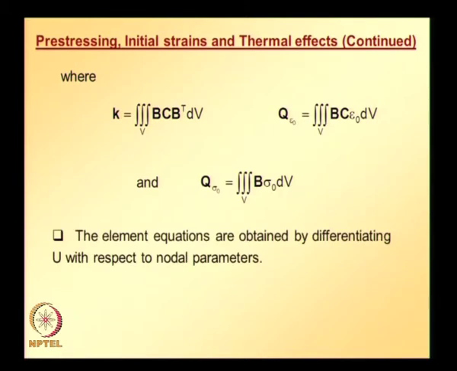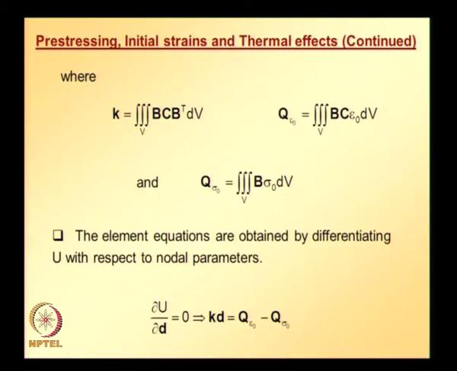So, element equations are obtained by differentiating the previous equation of strain energy U with respect to the nodal displacements or nodal parameters, and we get this equation. And you can see this equation, and it can be noticed that stiffness matrix K is similar to that we already looked at in the earlier case.